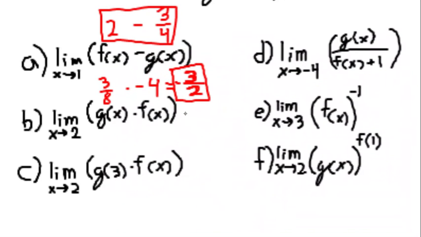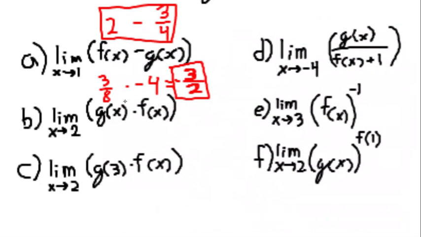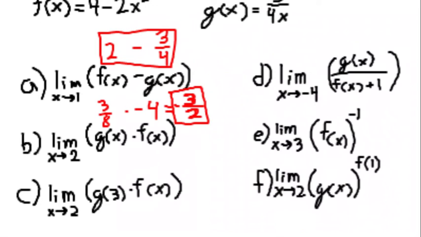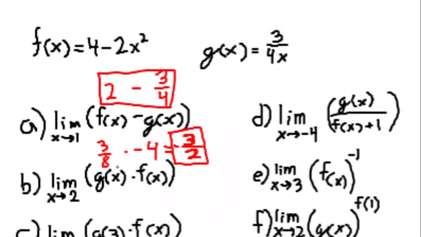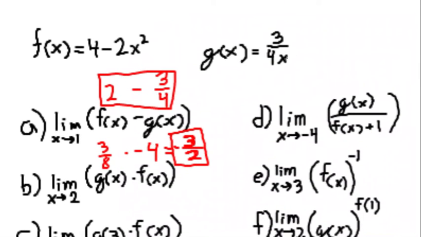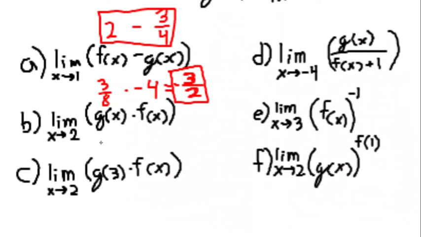Next, find the limit as x approaches 2 of g of 3 times f of x. All right, so I hope the first thing you did was find what g of 3 equals. So first you plug in 3 up here, and you can automatically see that 3 over 4 times 3 will cancel to simplify into 1 over 4.